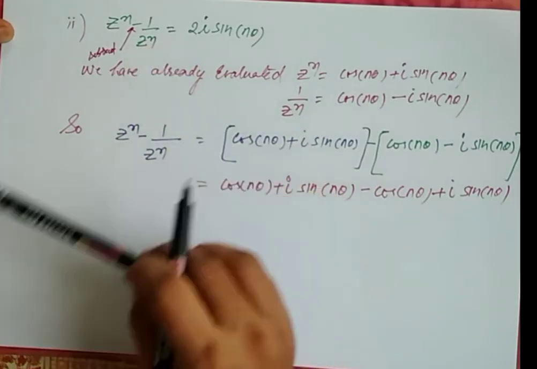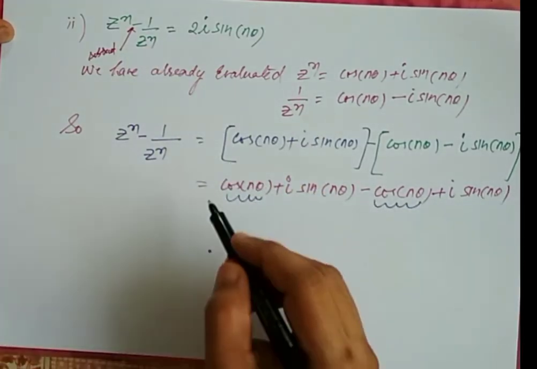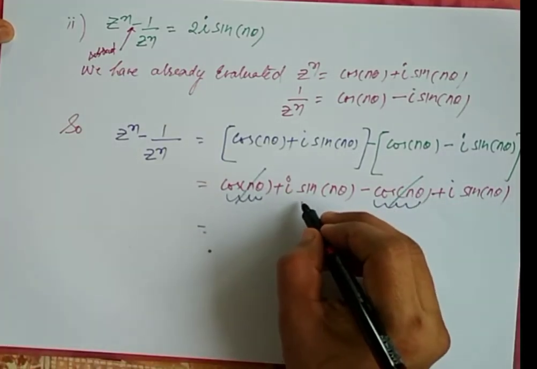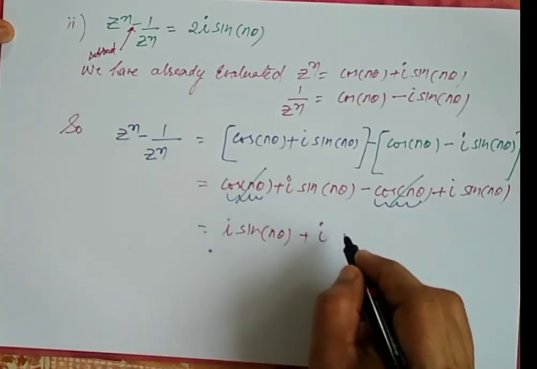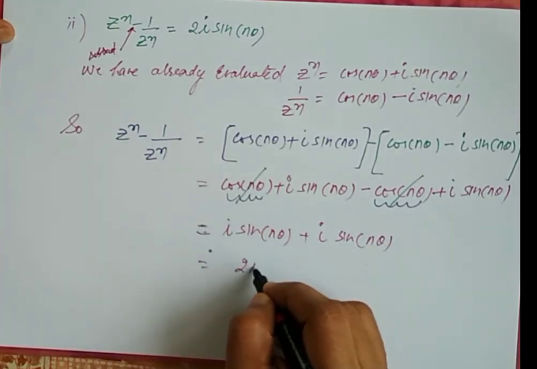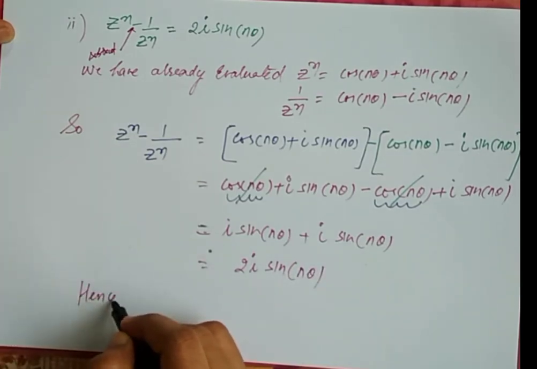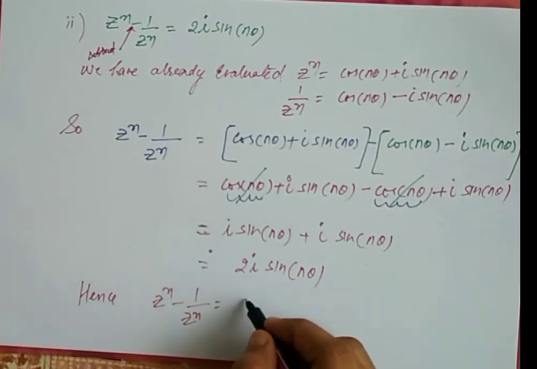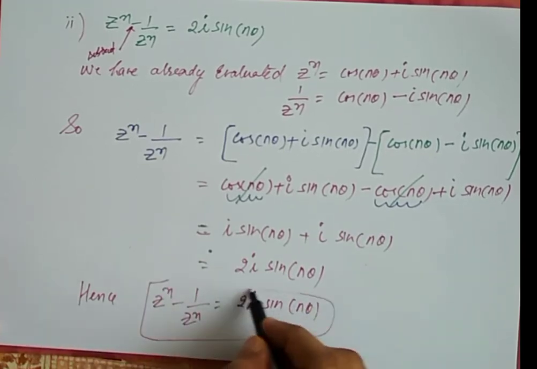Now this cos of n theta and this minus cos of n theta will cancel. So you will get only i sin n theta plus i sin n theta, which is equal to 2i sin of n theta. Hence, z raised to power n minus 1 upon z raised to power n is equal to 2i sin of n theta, proved.